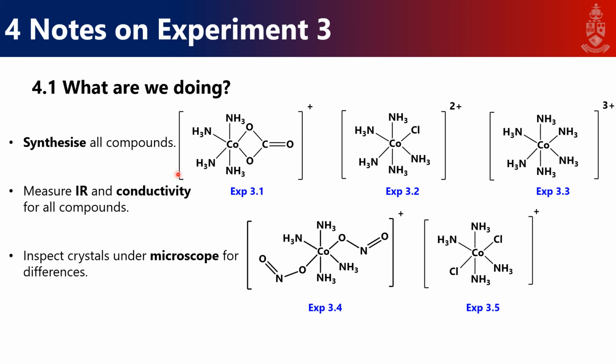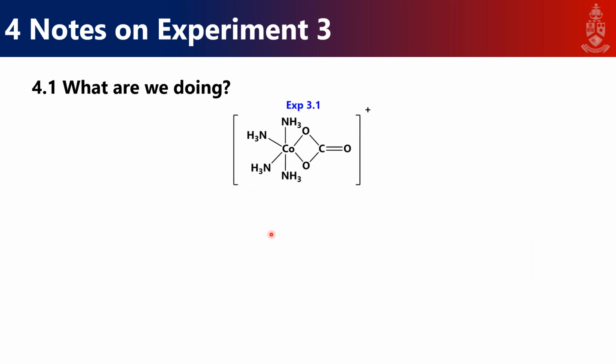Okay, so that's in essence what we are doing here. And just to explain how the experiments fit together. So the only experiment that does not rely on experiment 1's success, experiment 3.1, is very, very crucial.